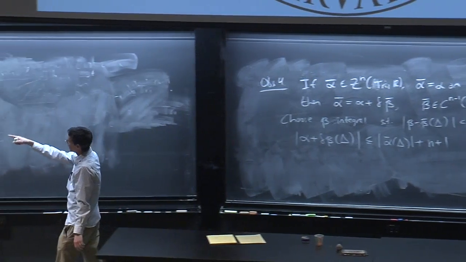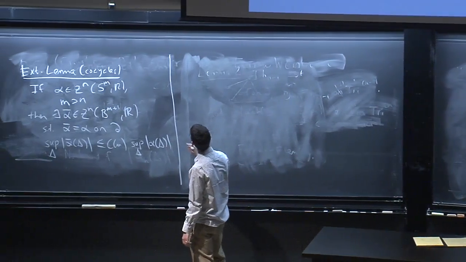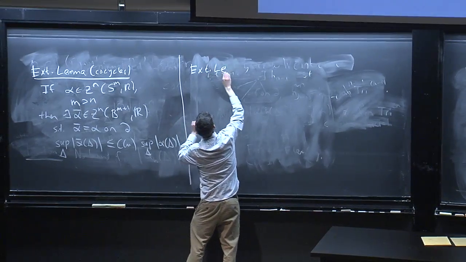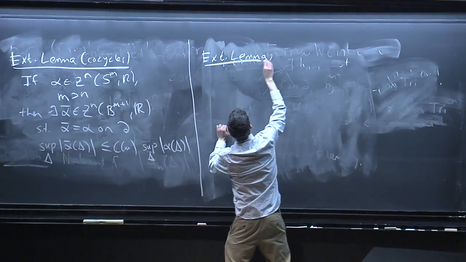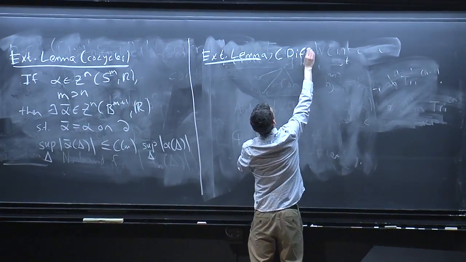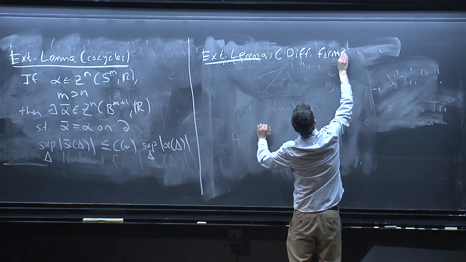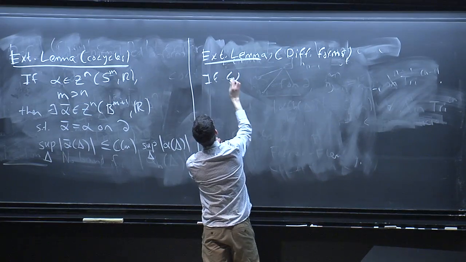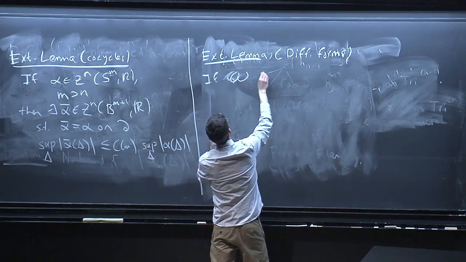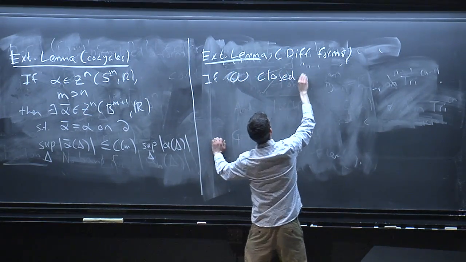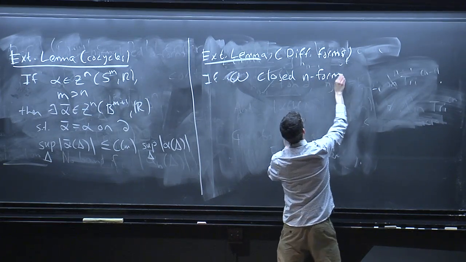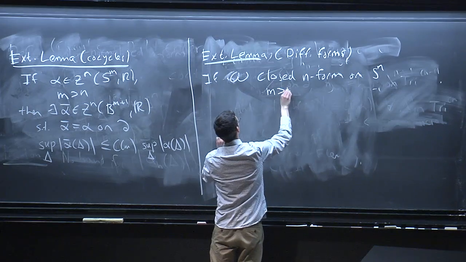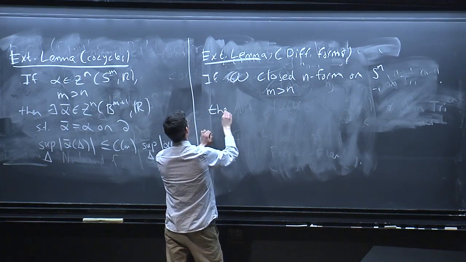Now, a cocycle is a lot like a differential form. So this is similar to an extension lemma you could state for differential forms. So this says that if omega is a closed n form on S^n, m is bigger than n, then there's a nice extension.